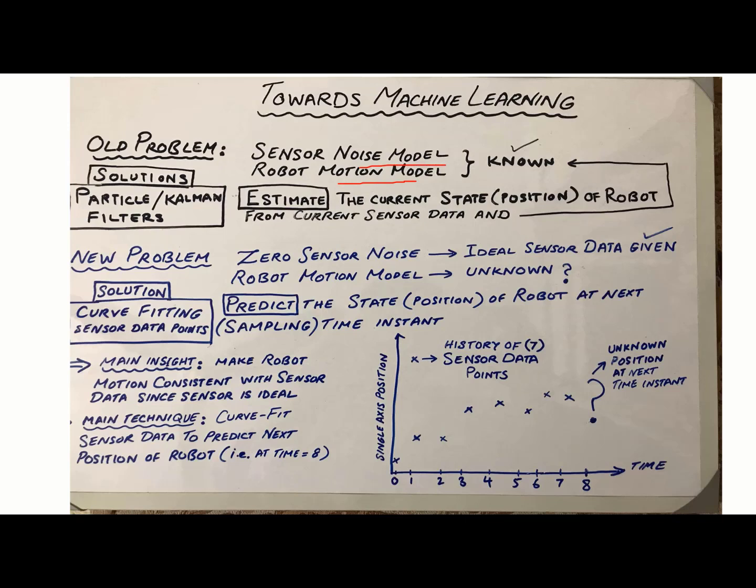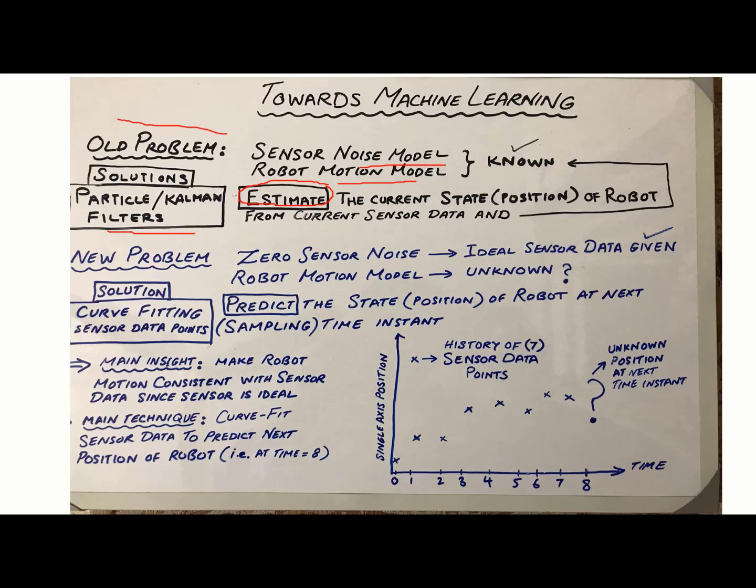We were interested in estimating the position or the current state of the robot from the current sensor data. And we developed some tools last time, namely the particle filters and the Kalman filters.